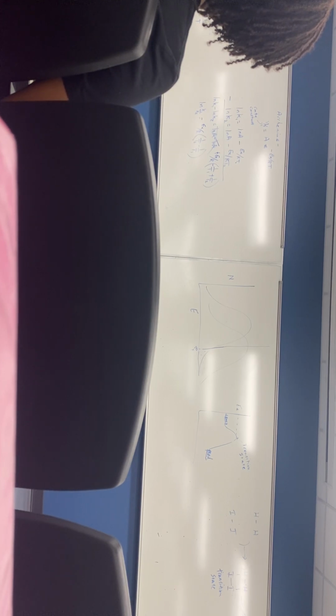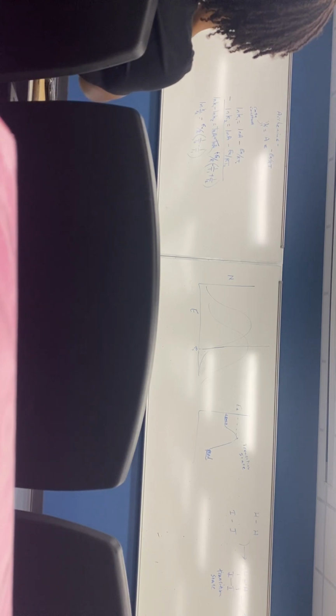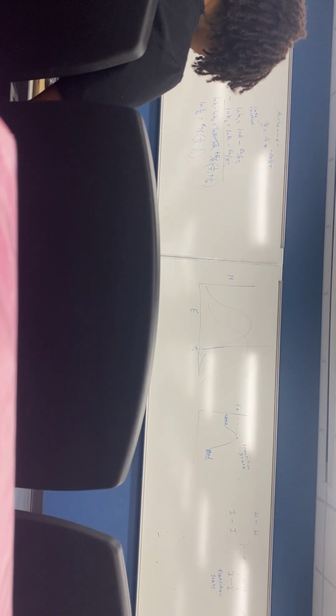When you multiply by -1, you need to flip your K's.